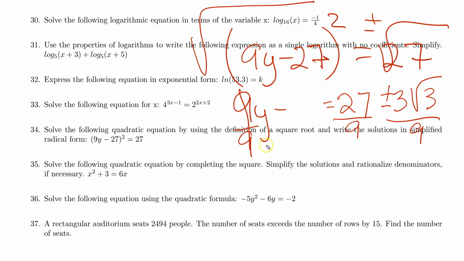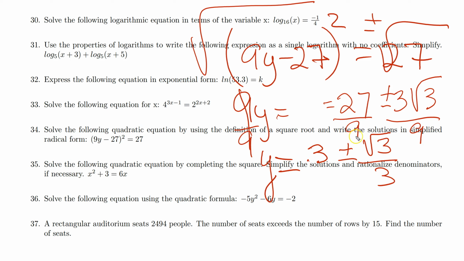So this cancels out, and I get y equals, 9 can simplify into there. I can take a 3 out of each one. Let me see, 9 over 3, oh, that's just a 3, yes. Plus or minus, 3 goes into there once. This will be the square root of 3 over 3.